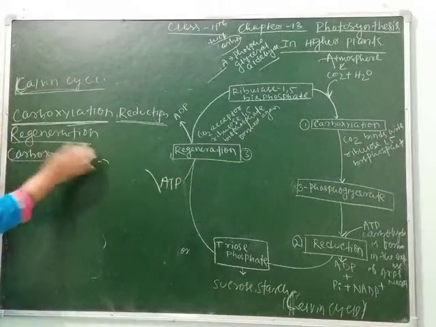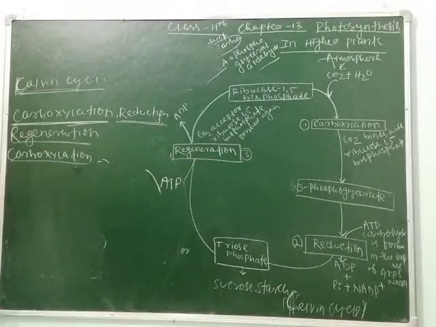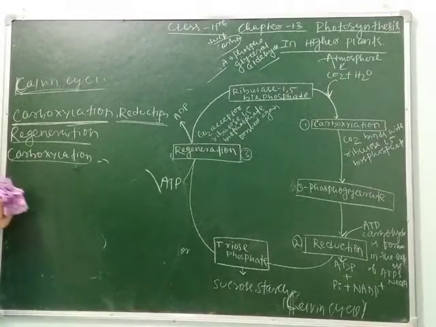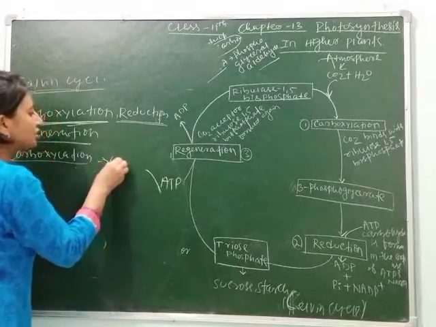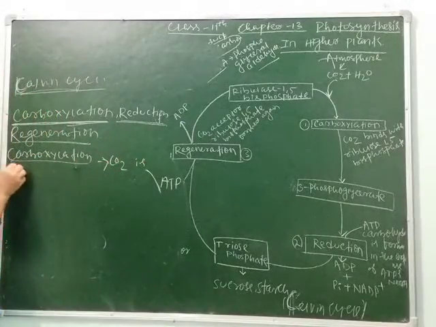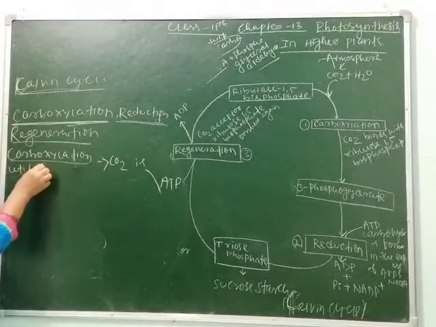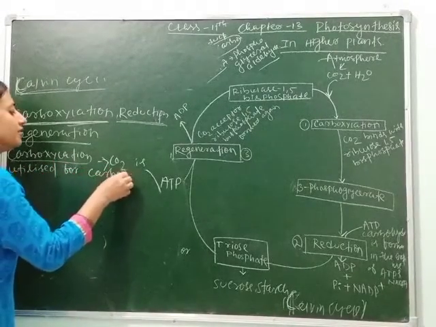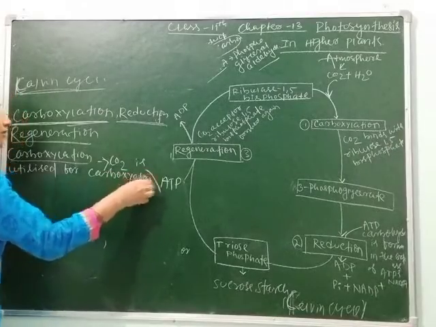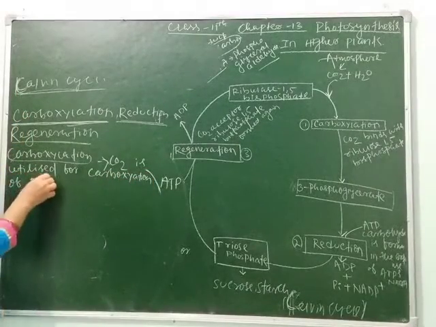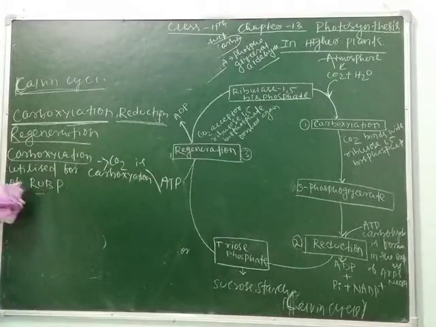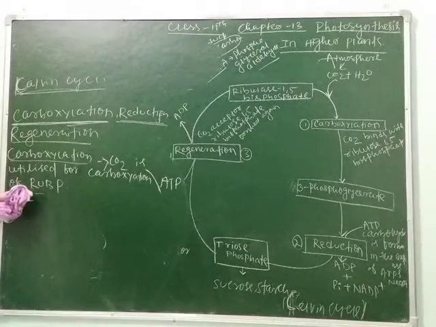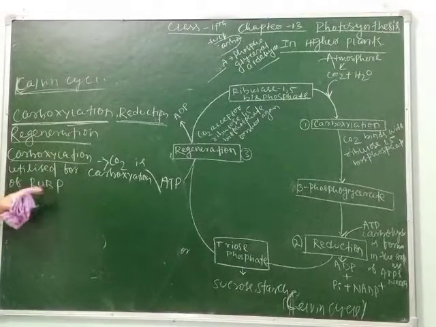As I have told you, during carboxylation the carbon dioxide is utilized. Clear? Carbon dioxide is utilized for the carboxylation of RuBP, ribulose bisphosphate.